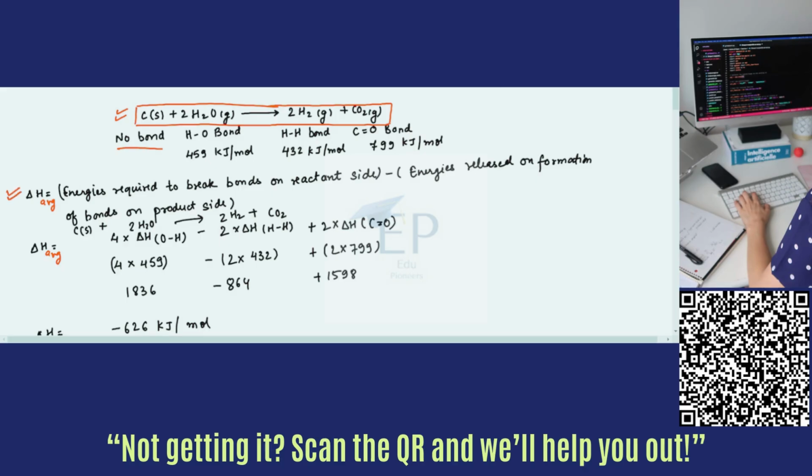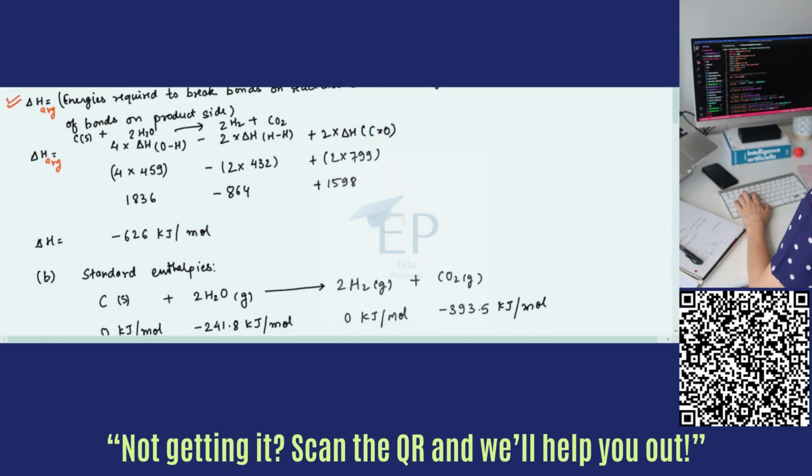Now if we move forward, we have the energy required to break the bonds for O-H bonds. We are writing it here, that is 4 into 459. And for H2 it is 2 into 432. Now for C=O bonds, it's 2 into 799. Remember it. So now it becomes this way.